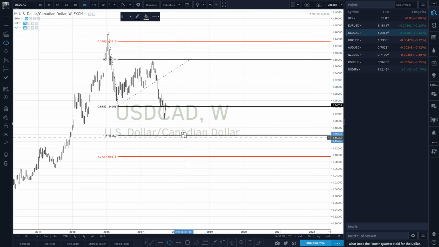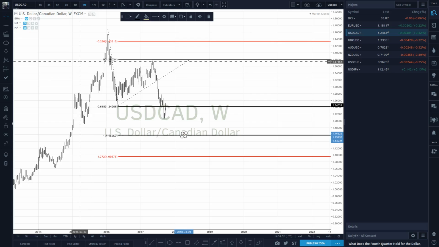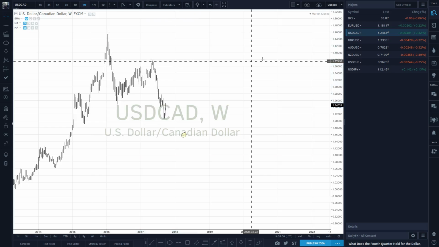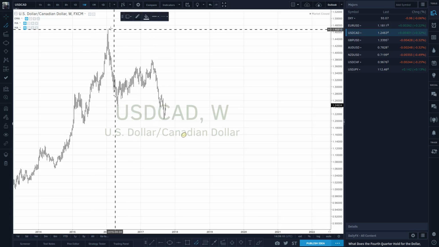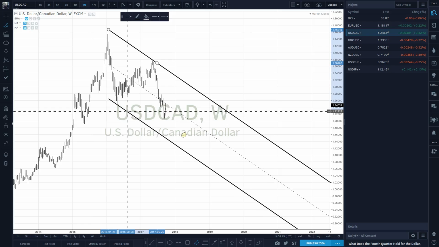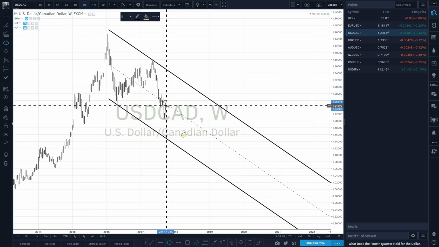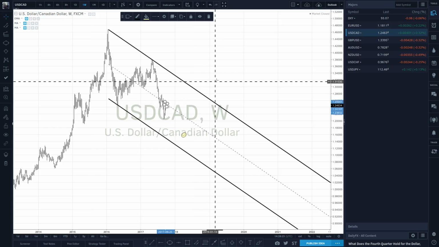We'll be looking for the 100% level to be touched, if that's what this is. Other things that we can look at with dollar CAD is we can draw a channel. Price is coming back to the mid channel and testing. So this is definitely a tradable area.